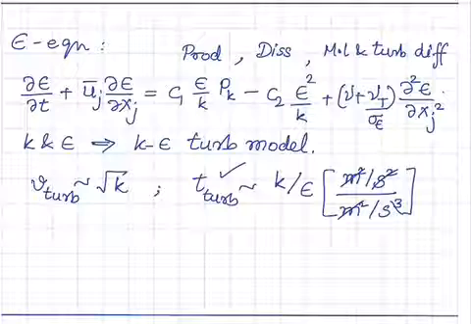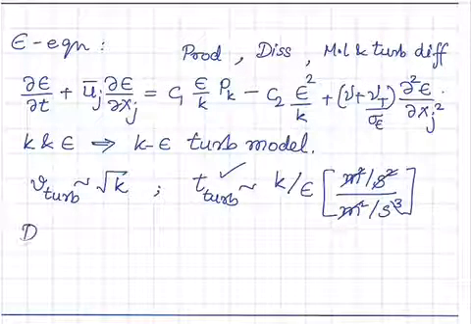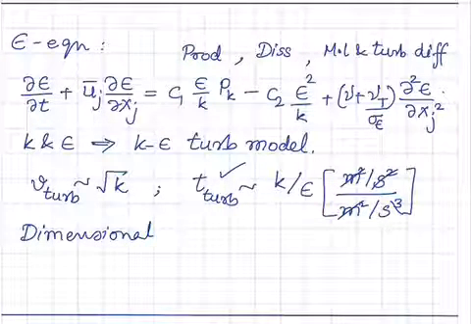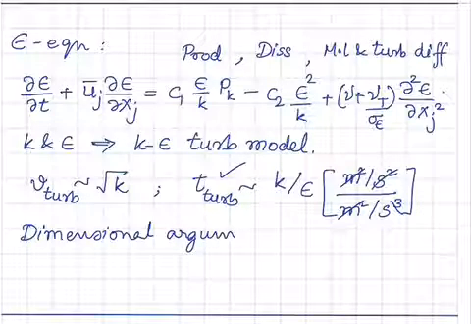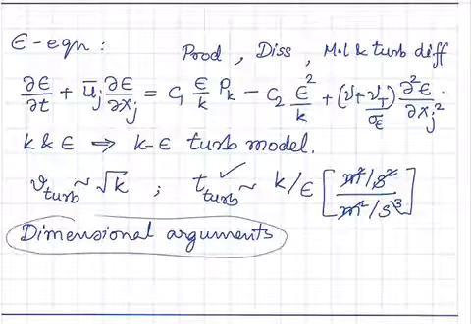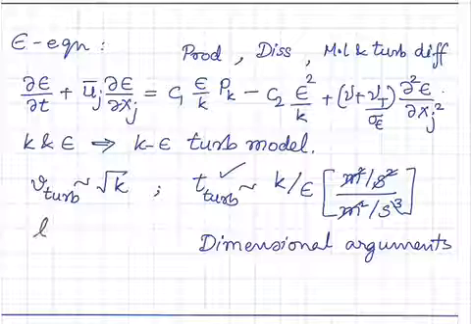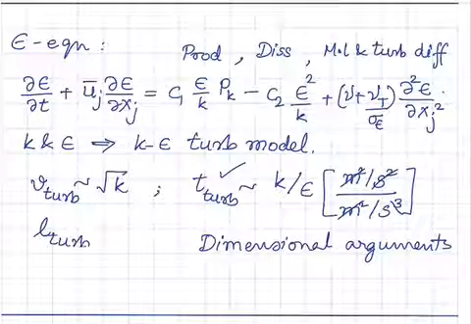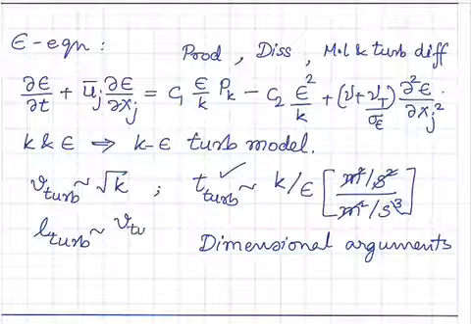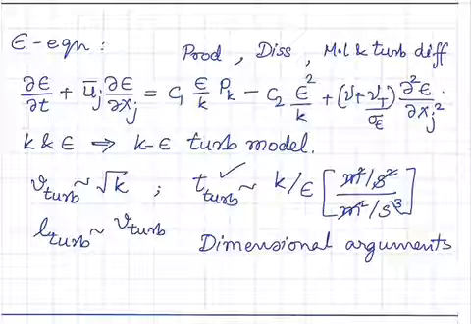If we know these two, then again by dimensional arguments, the turbulent length scale is velocity scale multiplied by time scale.